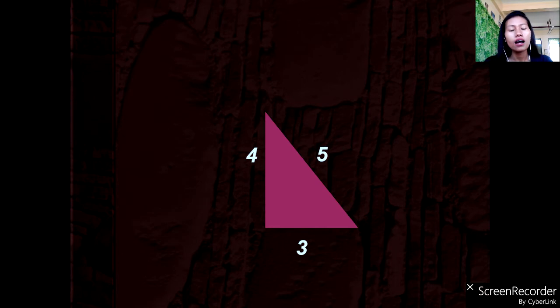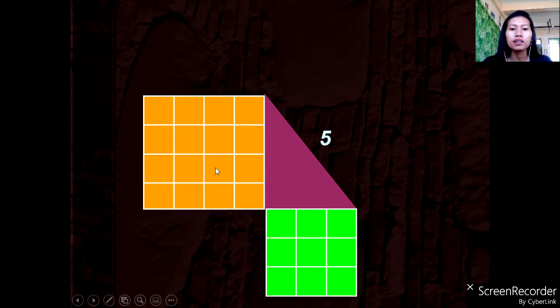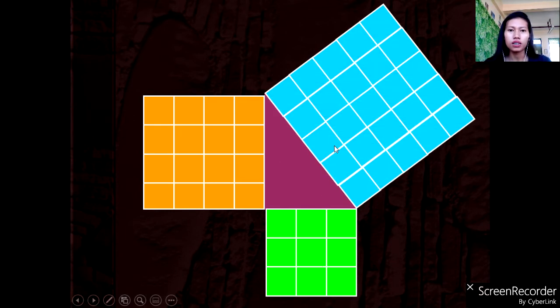We have here a given right triangle with sides of 3, 4, and 5. If we were going to find the square of each side, literally we will have this square here, and for the square of 5 we have this square. To find the square of each side, just count the total square tiles on each side.